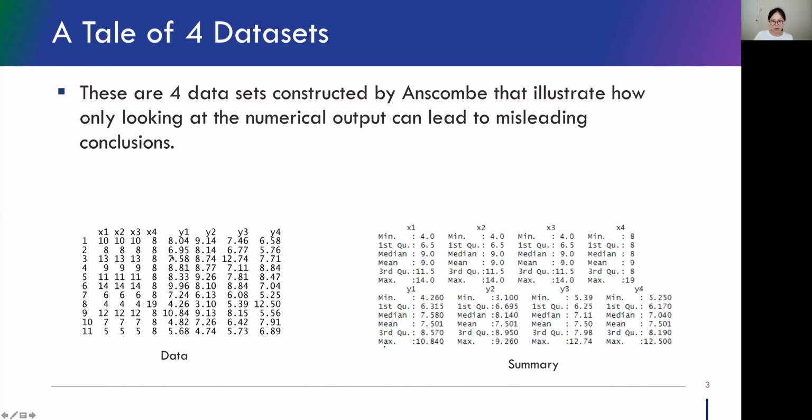We have 4 different predictors and 4 different responses. We will first do a summary of those X's and Y's. If you look closely, all these X's have the same mean, and all the Y's have the same mean. What we're going to do here is regress y1 on x1, y2 on x2, etc., through y4 on x4.